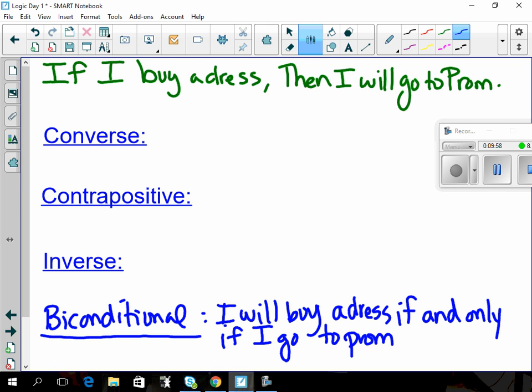Notice where the words if and only if are. They're in the middle, okay? Whereas this is two parts. What symbol is the biconditional? Double arrow. Okay, good.